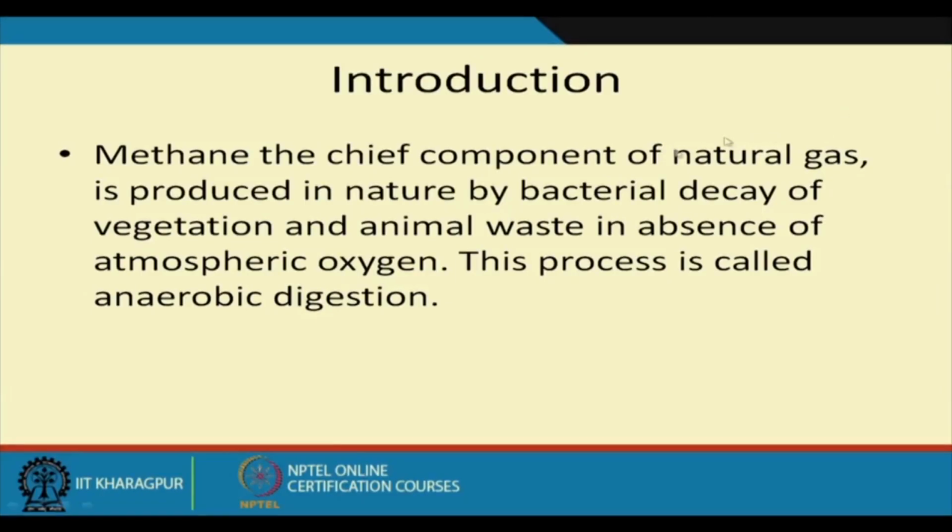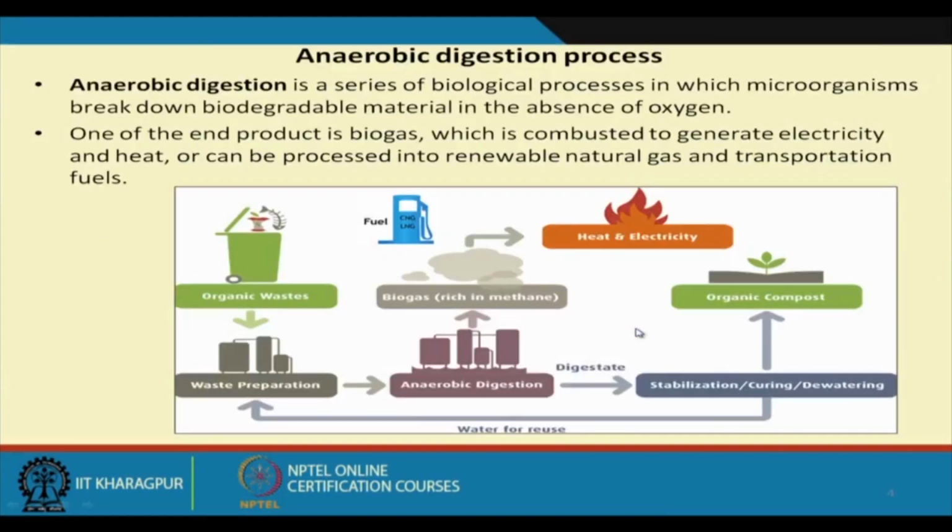The chemical formula is CH4. Methane, the chief component of natural gas, is produced in nature by bacterial decay of vegetation and animal waste, because I shall show you how the degradation takes place. This process is called anaerobic digestion.